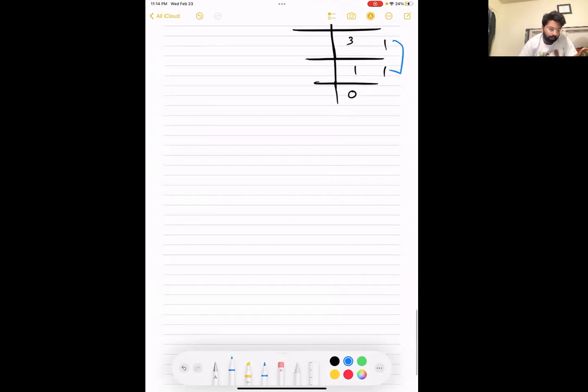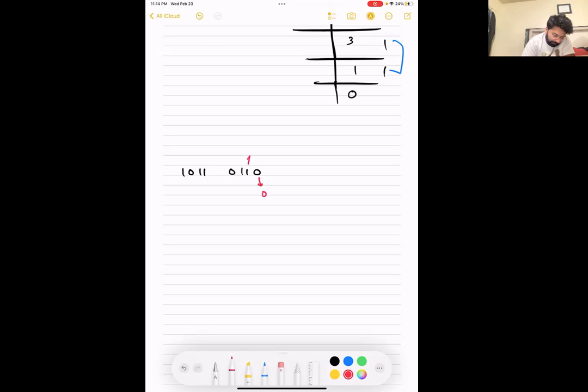We have to convert the following binary numbers into decimal. The first binary number is 10110110. The trick for these problems, how I usually do it, is I number them.